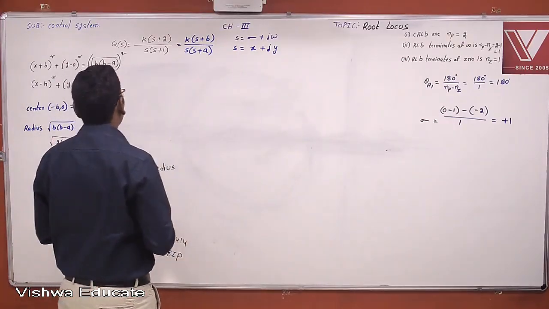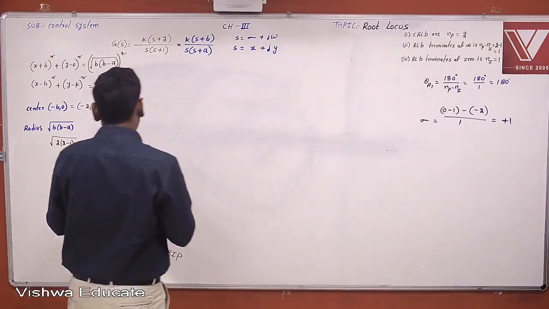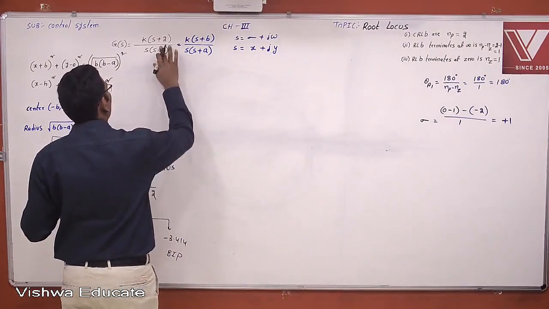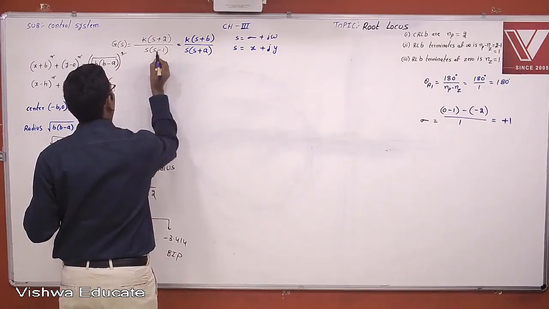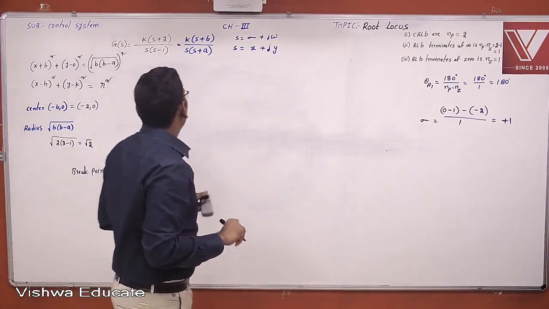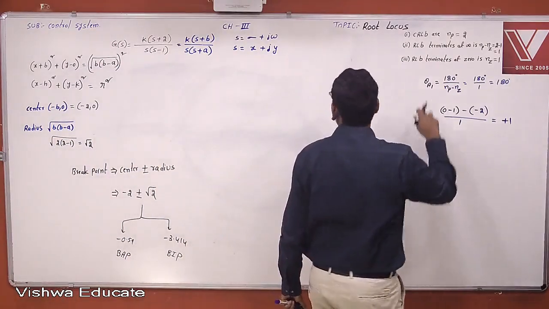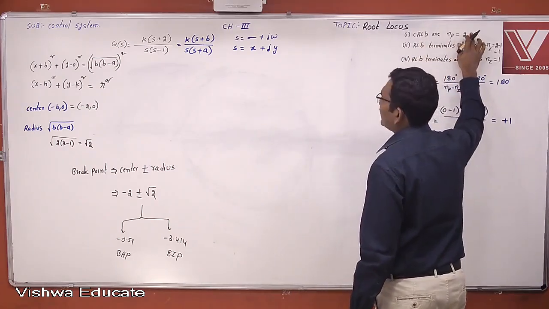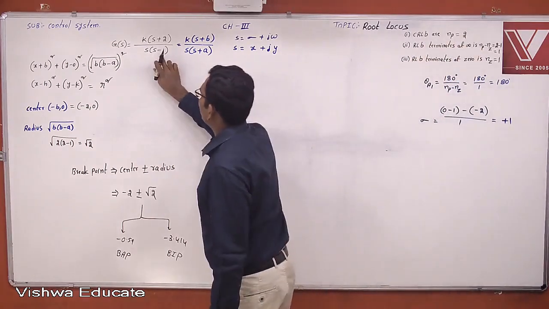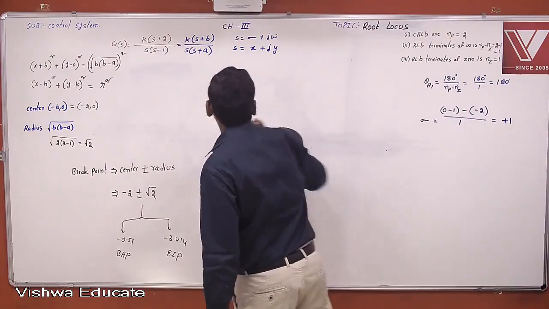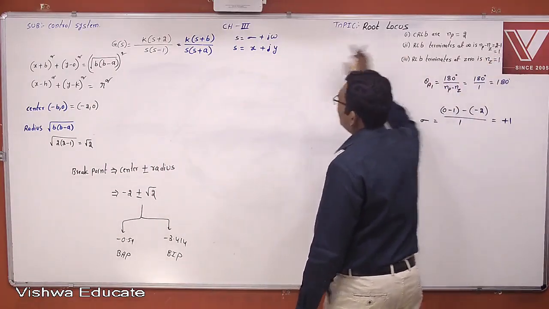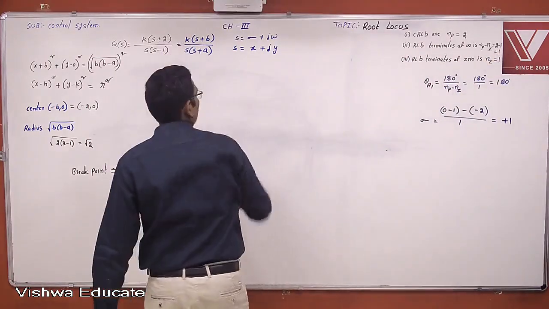Now I just make a small change: K into (s plus 2) into s into (s minus 1). Okay. Same procedure. The number of complete root locus branches is np, which is 2. Now n minus 1, that is one branch, is terminating at infinity and one branch is terminating at the zero.